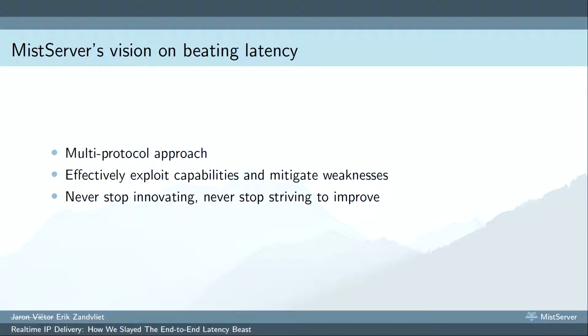So what we think you should do to reduce your latency overall as a service is, you shouldn't go for one protocol. You should go for multiple ones and pick the best ones that are available for each of the various outputs. For example, Apple devices still only do HLS. We can bring that down to 5 to 10 seconds. But where you can gain a better latency, you want to do that.